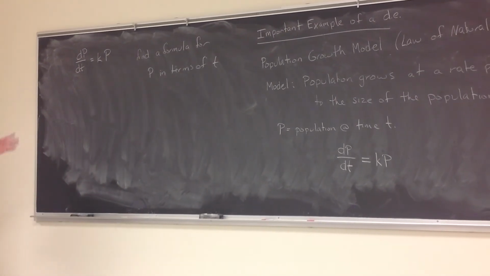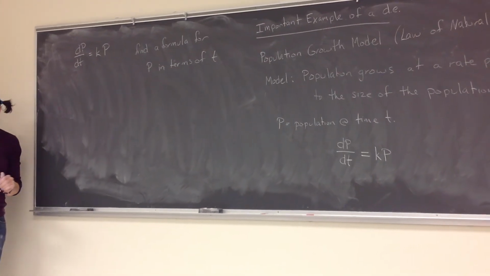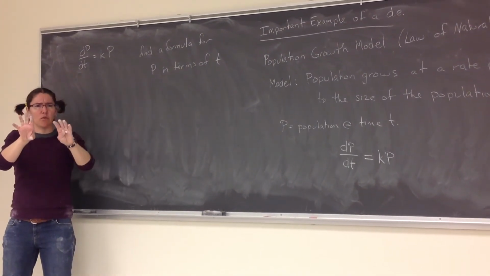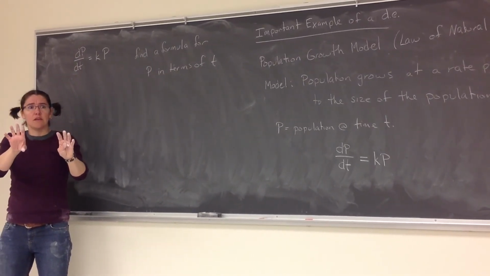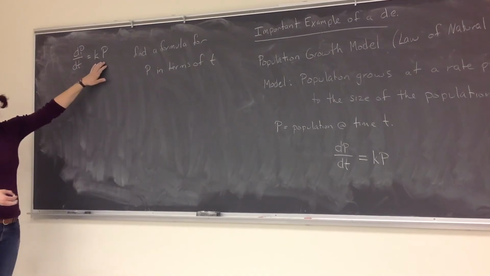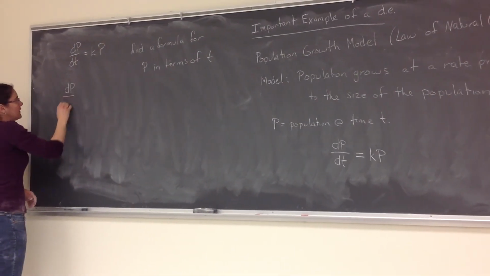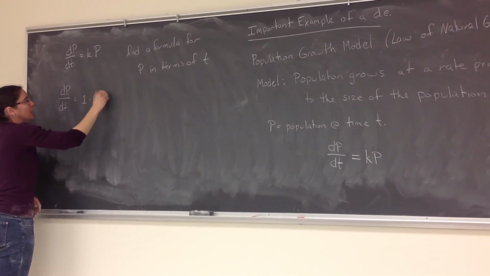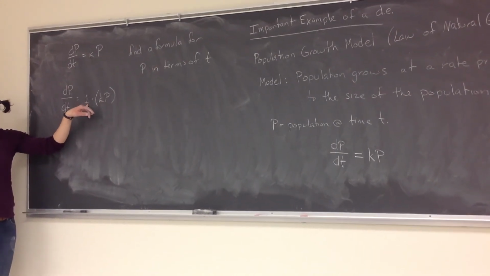Okay, so when I look at this equation, I say, can I write this right-hand side, before it was a function of x and y, as a function of t and a function of P? And over on the right-hand side, I don't even see any t's, so realistically, I could write this as 1 times k times P, or I could even put the k over here as part of the t function.